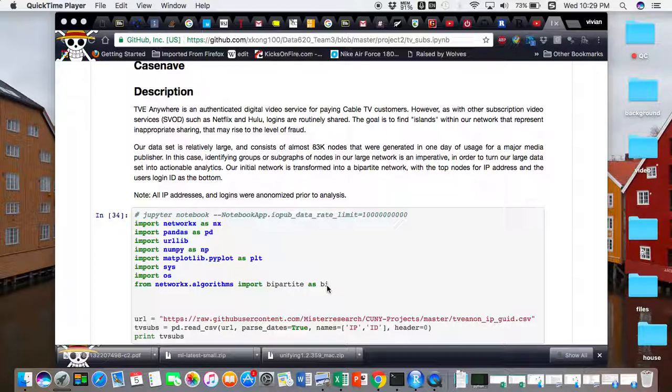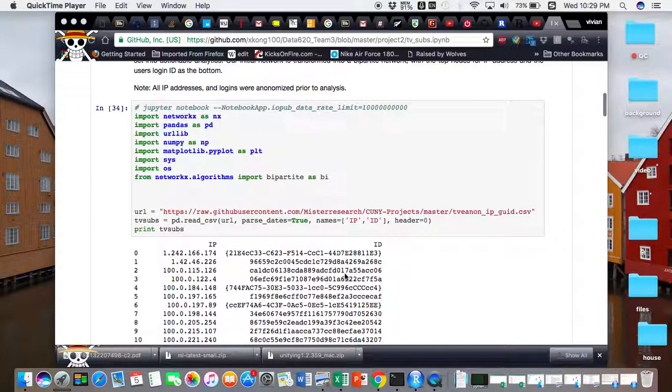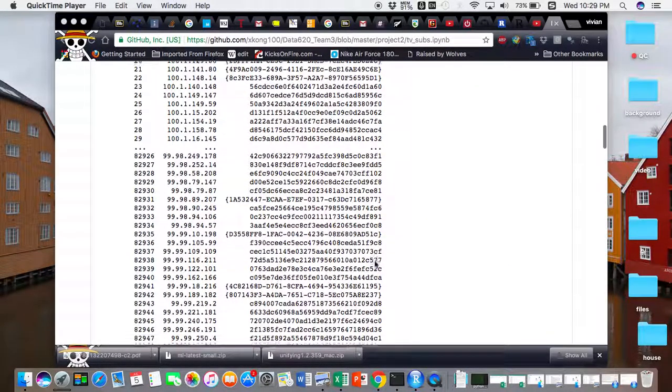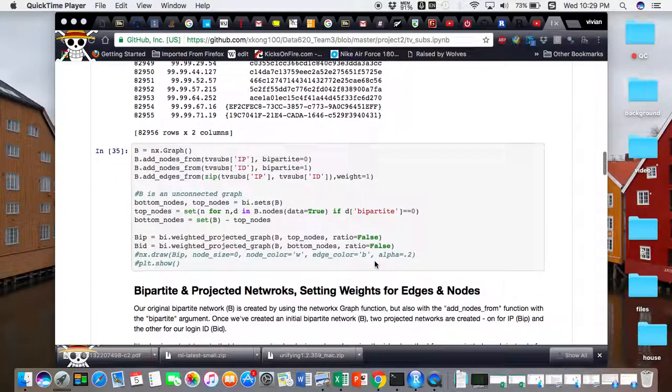If they are sharing with different IP addresses under the same login ID, then we can draw the network from there. First of all, we transform these 83,000 nodes into a CSV file so that we can access it easily with Python. Here are some examples of the IP addresses and login IDs. We're also using the NetworkX graph function to create the bipartite network, using add nodes from for the IP addresses and login IDs.